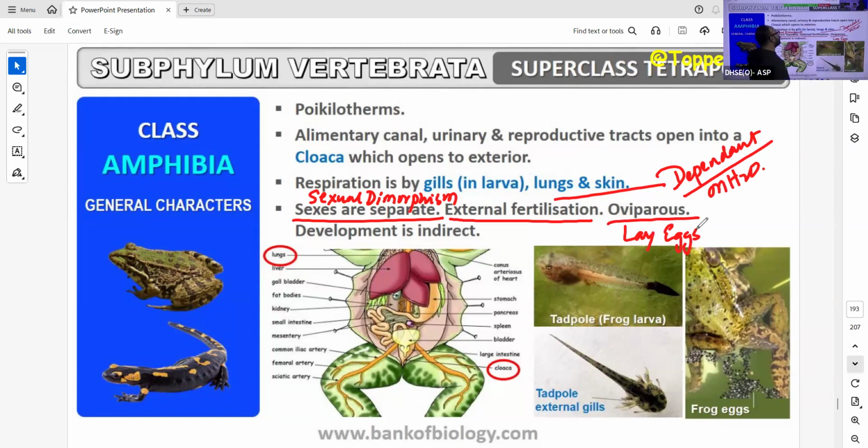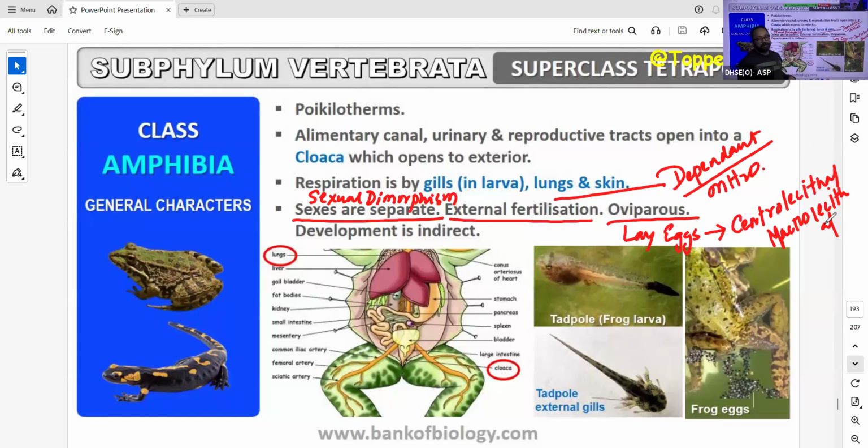Now, if you remember, oviparous animals lay eggs. Now, these eggs are normally centrolecithal and macrolecithal. That is, the yolk is present in the central section.